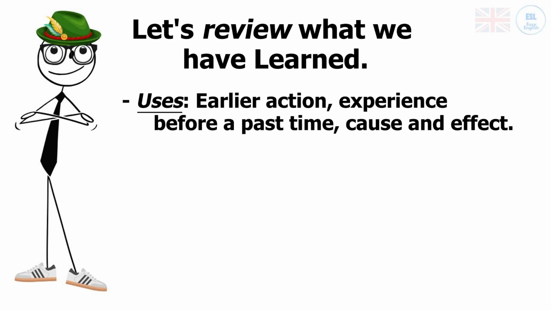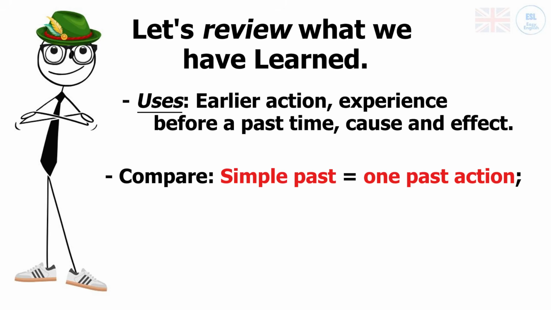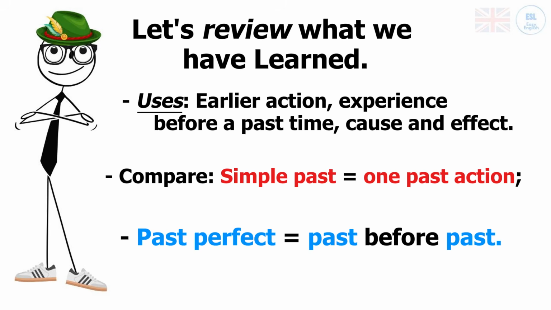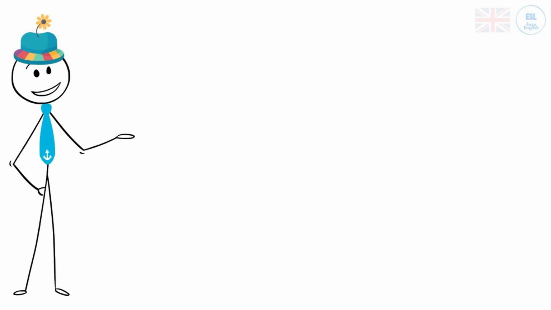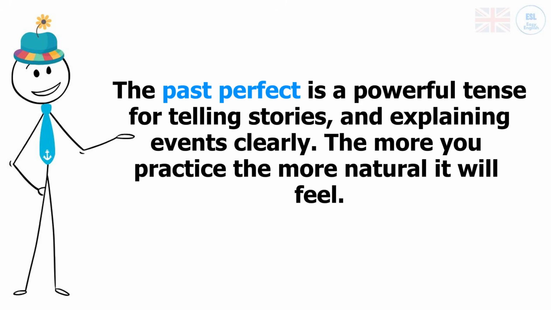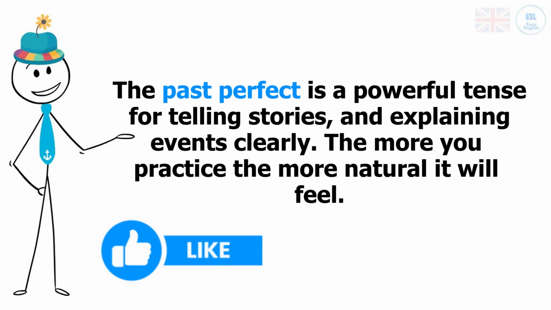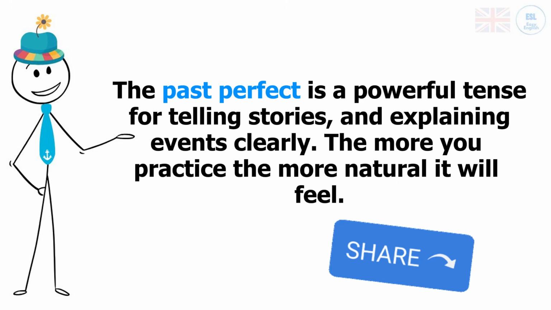Uses: earlier action, experience before a past time, cause and effect. Compare. Simple past equals one past action. Past perfect equals past before past. The past perfect is a powerful tense for telling stories and explaining events clearly. The more you practice, the more natural it will feel.